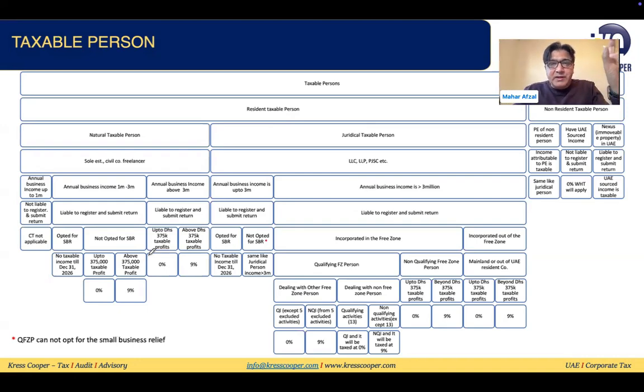One tax rate applies to both. UAE sourced income will be subject to tax one time, and for foreign sourced income, you have already paid tax out of the UAE, so you will again be getting credit. This will come in there.